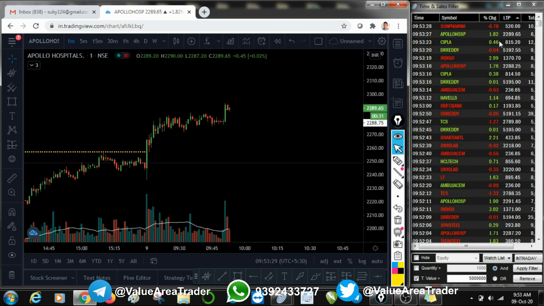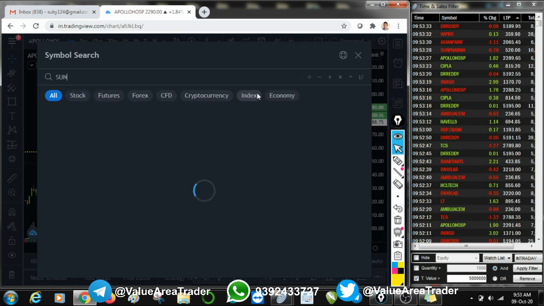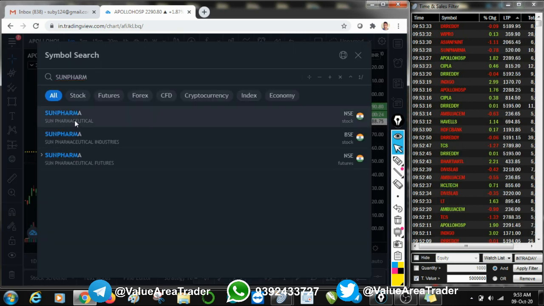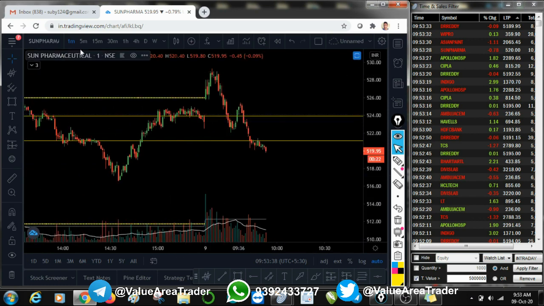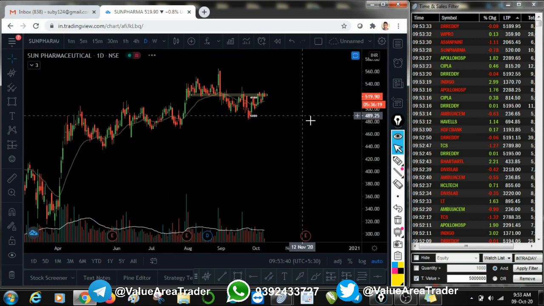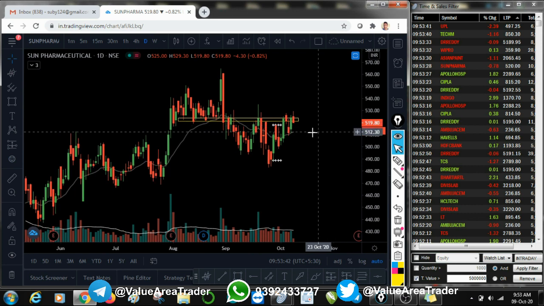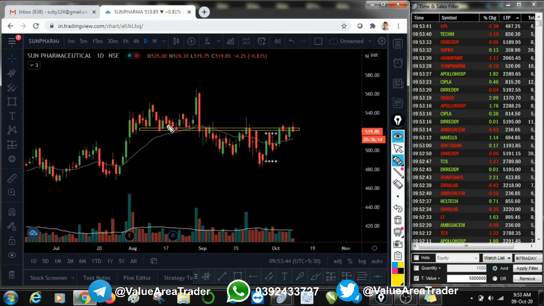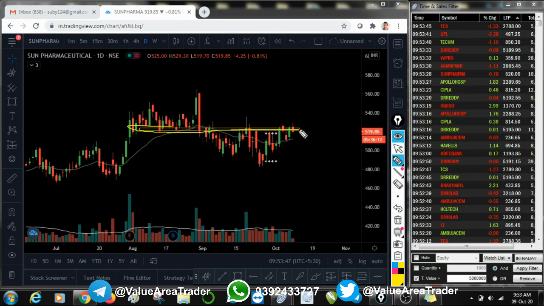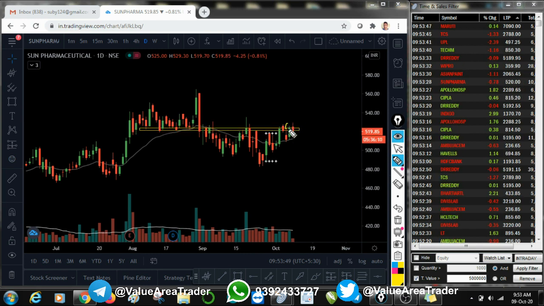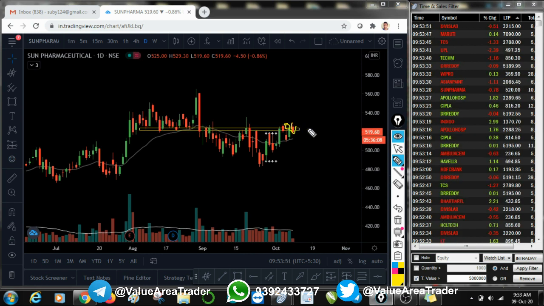Dr. Reddy, Cipla, Sun Pharma. Let's see what is happening in Sun Pharma. Can we take a short trade? Let's go to the daily first and see what is happening. Okay, as you can see, it was our resistance. Yesterday it tried to break out, but it is still coming back.